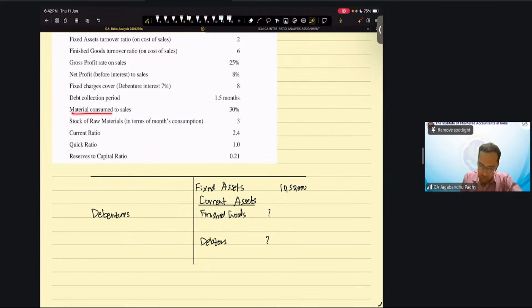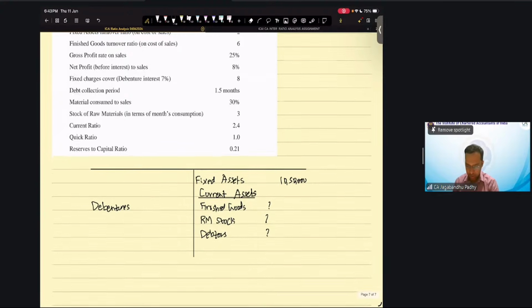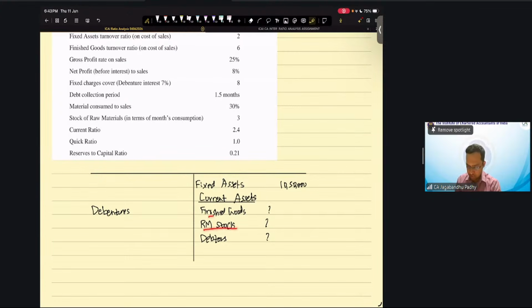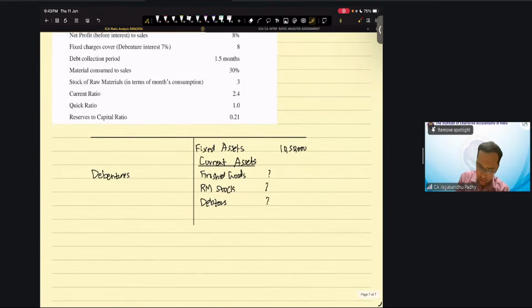Material consumed to sales, and definitely we'll have the stock of raw material also in the balance sheet. So we'll have to compute the raw material stock. So in this question, there are 2 inventories that we need to compute: finished goods and raw material stock. Then we have the ratios of current ratio, quick ratio. So of course, the quick ratio will be taking into account both the stocks, and on the liability side, we need to compute the current liabilities.